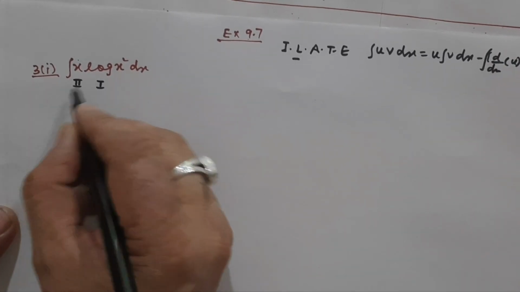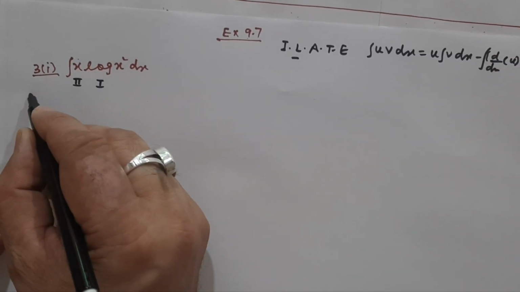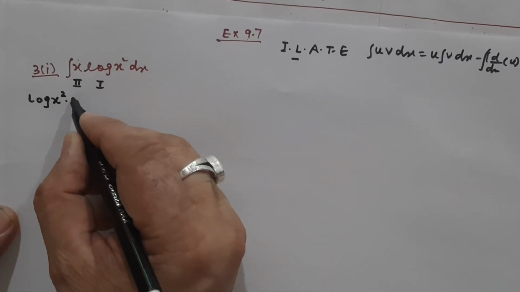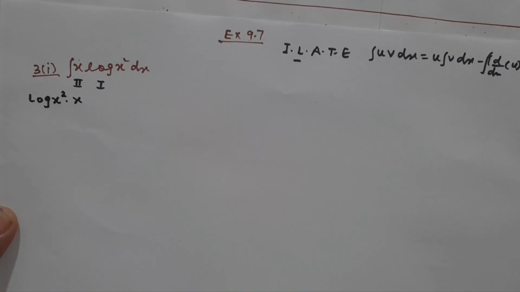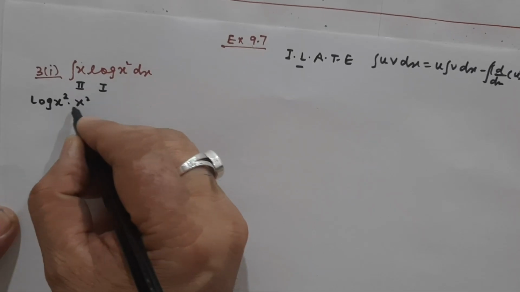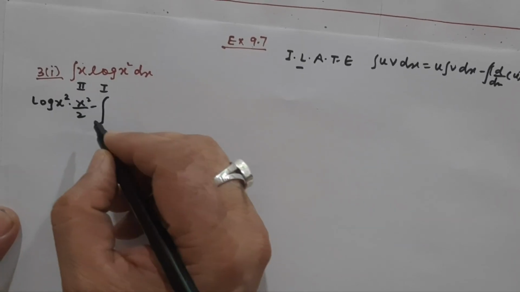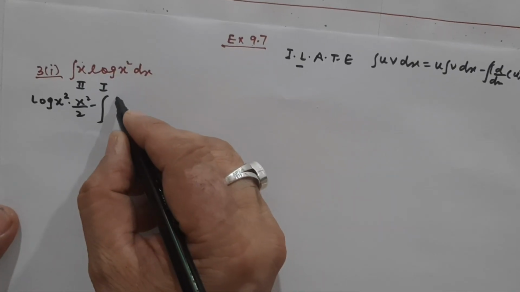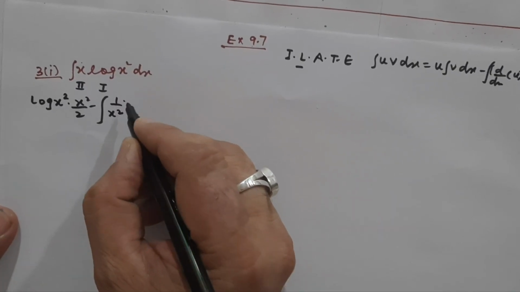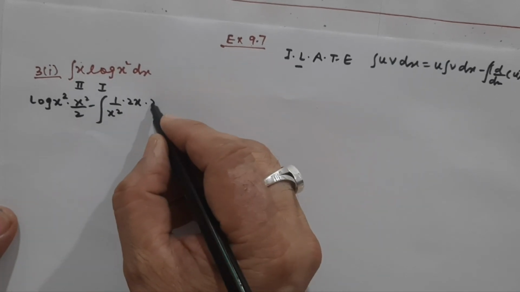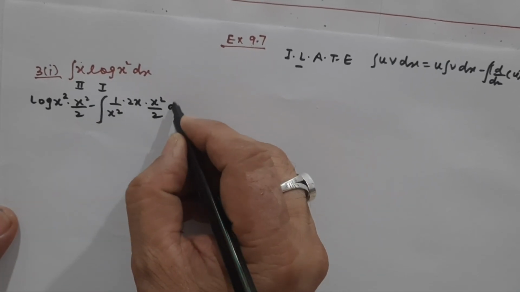Applying it here, taking log x square as the first function, we write log x square into integral of x, which is x square upon 2, minus integral of derivative of first. The derivative of log x square is 1 upon x square into 2x, into integral of second function, x square upon 2, dx.